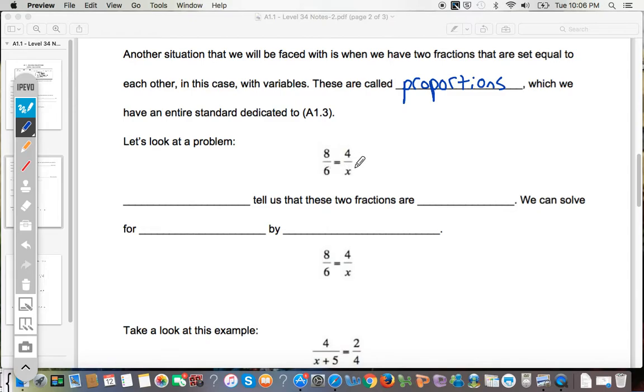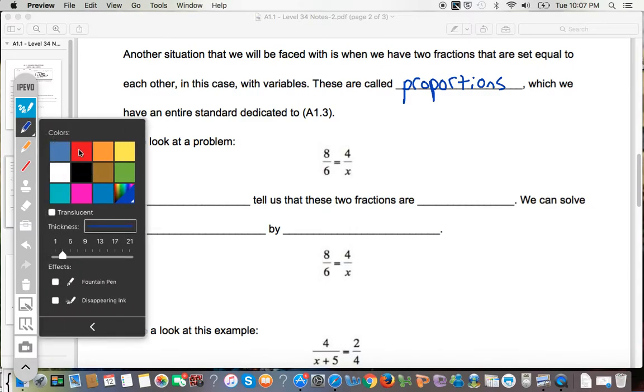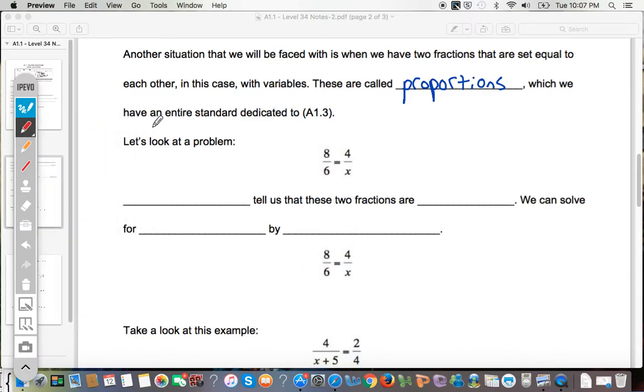To get that x by itself, we have a special property that we use, and it's called cross multiplying. What do I mean by cross multiplying? I'm going to go to this 8 up here, draw a line down to my x. I'll go up to my 4 up here, and draw a line down to my 6.